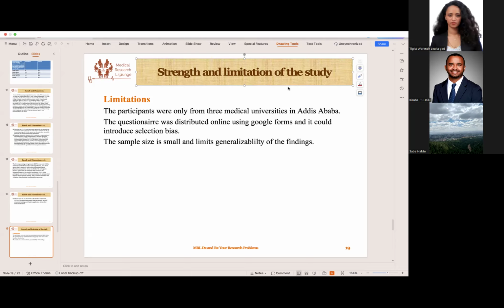So these were the only responses we received. Some of the universities we tried to go and explain about the questionnaire and for students to fill them. So we had only access to these 3 universities, and that's why the response rate was limited only to these 3 medical universities. So in the future, we will try to get more responses from the various universities that are present.